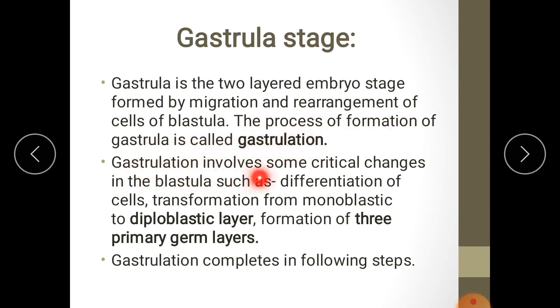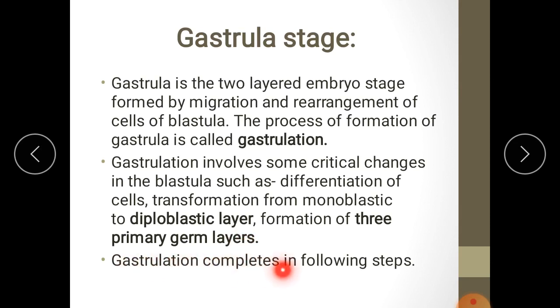Gastrulation involves some critical changes in the blastula, such as differentiation of cells, transformation from monoblastic to diploblastic layer, and formation of three primary germ layers: ectoderm, endoderm, mesoderm.